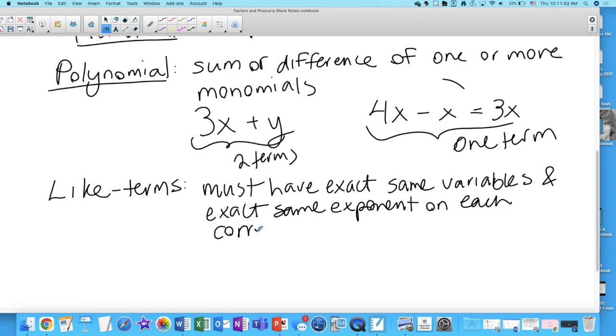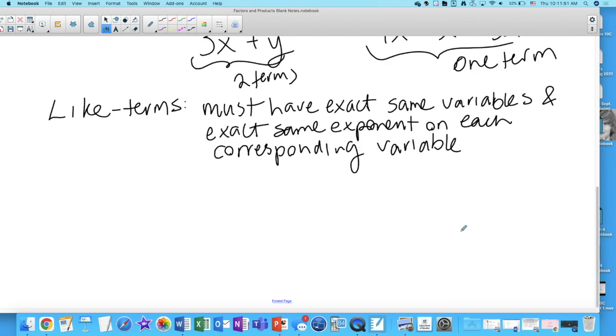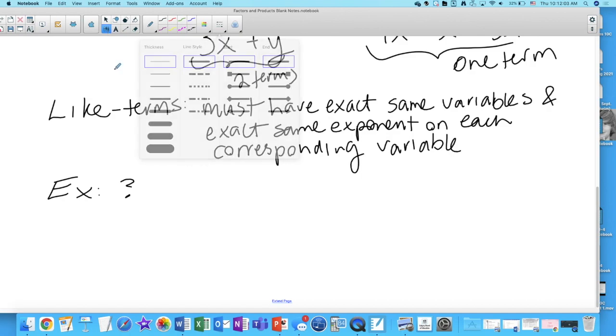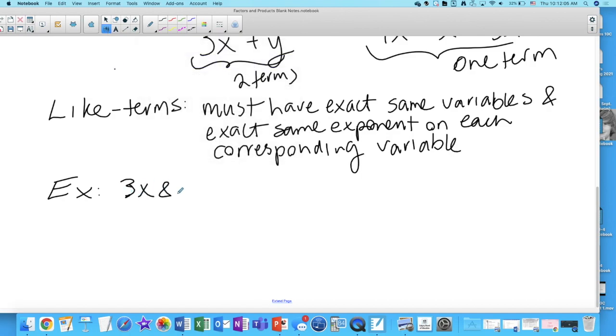Okay, so for example, 3x and negative 2x. Those are like, because they both have the variable x, and the exponent on the x is 1. Okay.